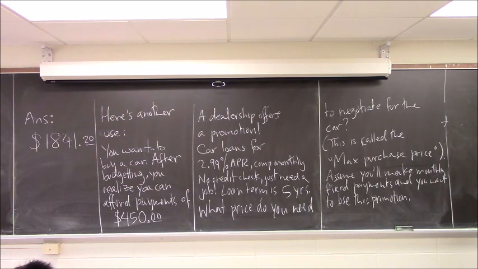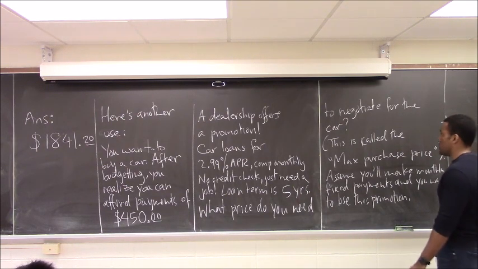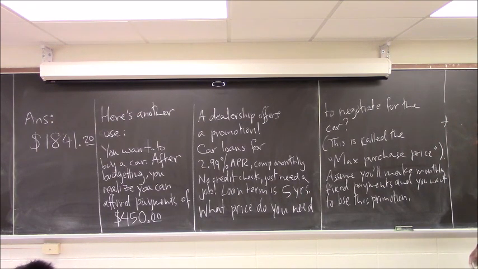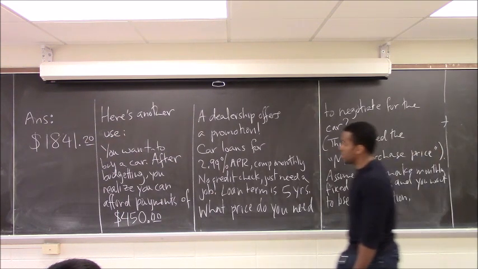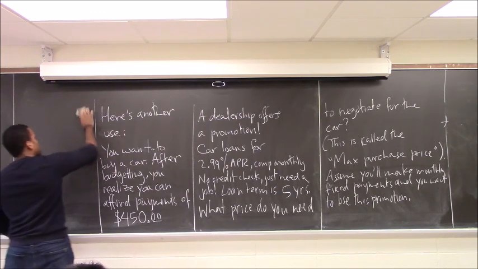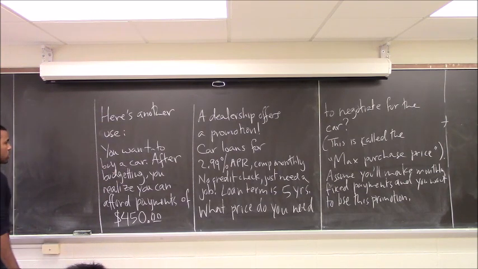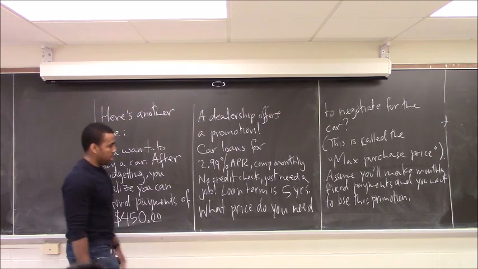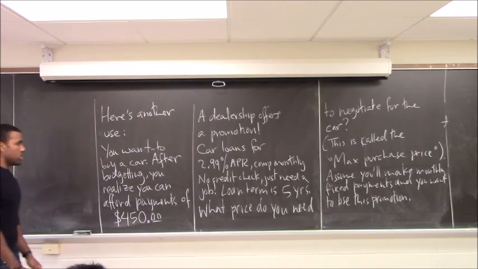That's the APR compounded monthly over 5 years. You can afford payments of $450. The question is, how much do you want to borrow? What's the max amount that you should borrow here? That's called the max purchase price, and you can actually use the amortization formula.